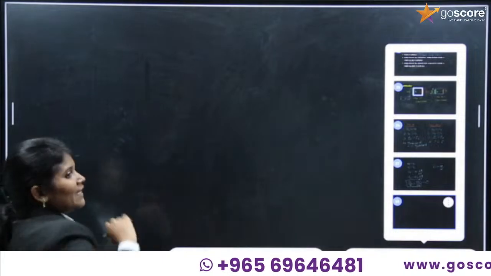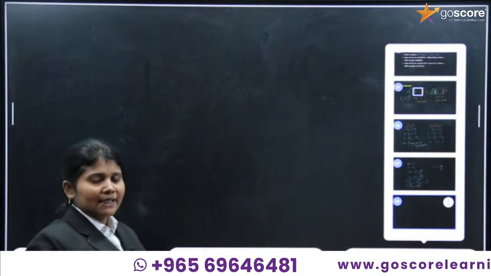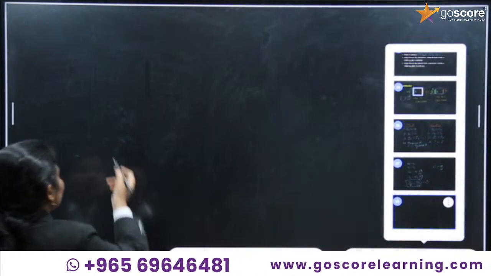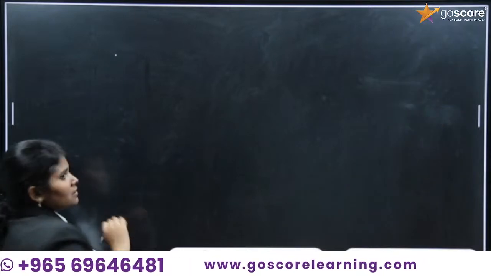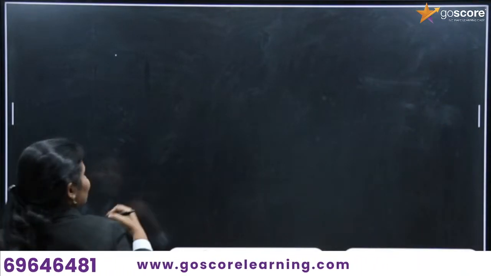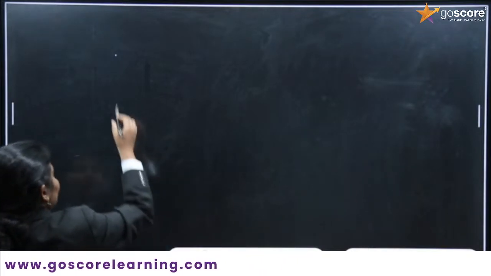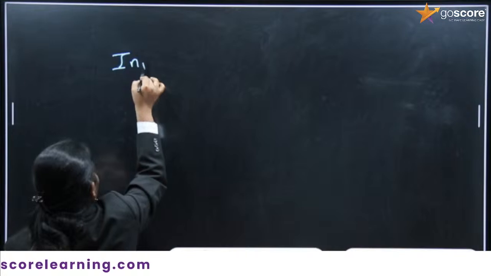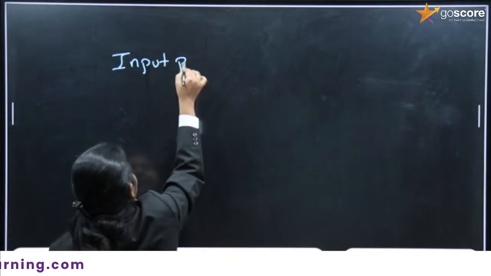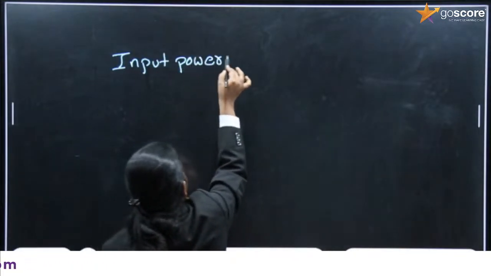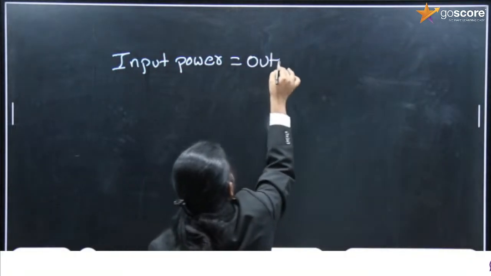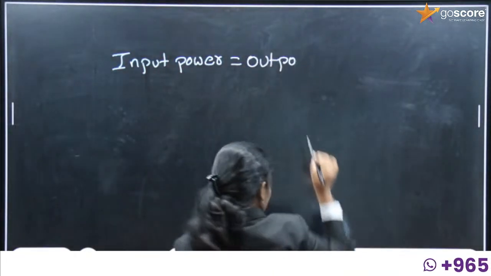And one more thing, it is an ideal transformer. Input power is equal to the output power. There is no resistance and there are no leakage currents. That's why, considering it an ideal transformer, input power is equal to output power.